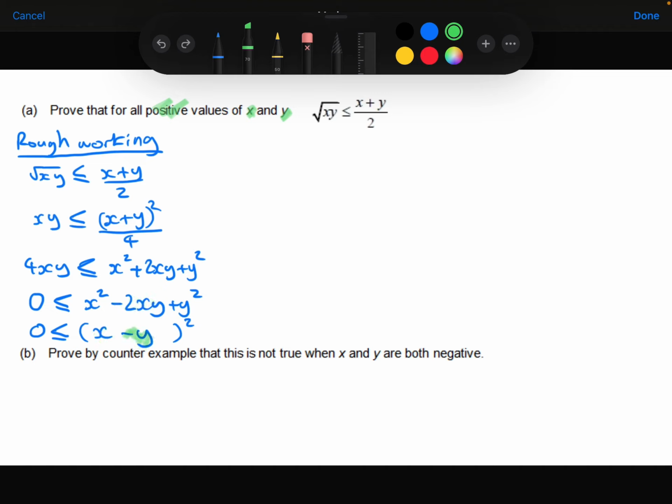And then I've got the minus y squared. So that's been factorised nicely, and now I've got this square number being greater than or equal to 0, which I know is always true. A square number is always greater than or equal to 0. So that's my starting point for my final answer.